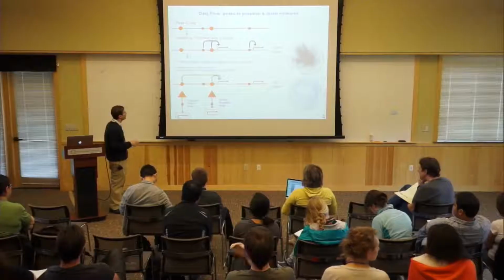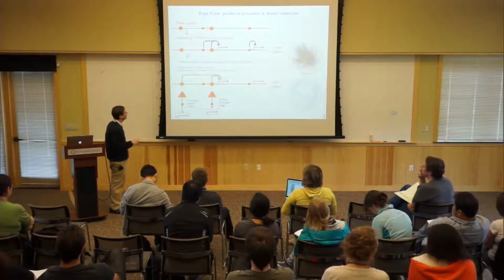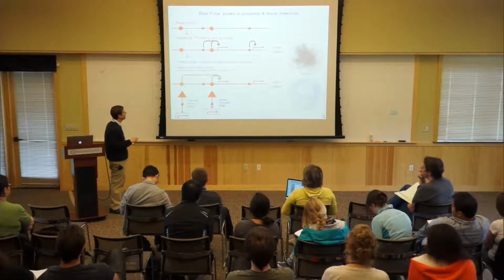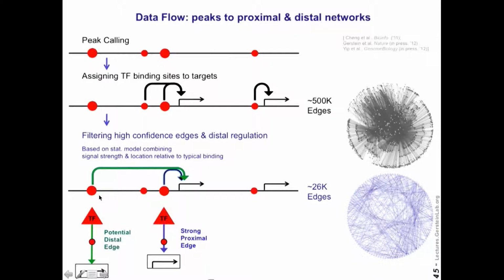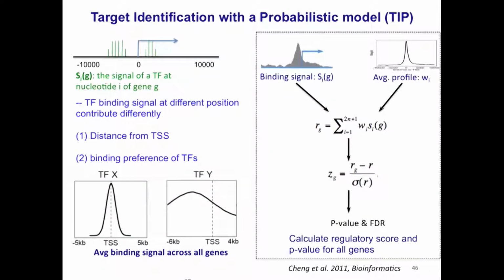And so we can also try to find linkages, you might call them distal edges, from an enhancer binding site to the gene, and then from the transcription factor to the enhancer binding site. So I'm going to talk a little bit about how we do these two operations. This is a little bit technical, just to give you a flavor of how this is done.